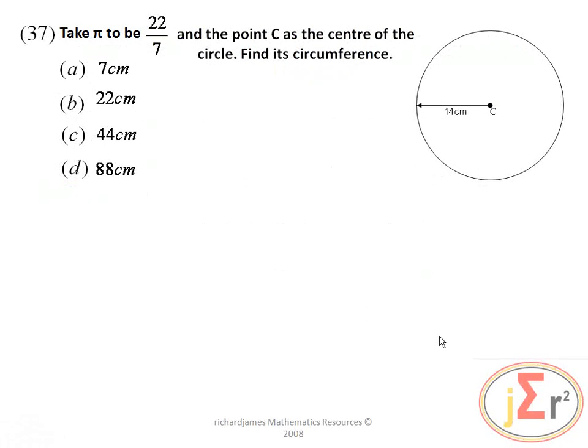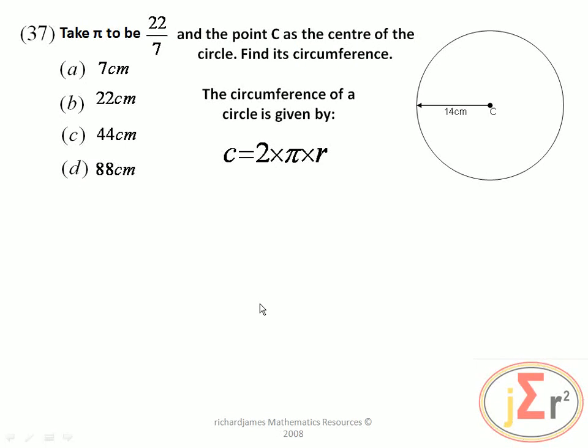Take pi to be 22 over 7 and the point C as the center of the circle. Find its circumference. The circumference of a circle is given by C is equal to 2 multiplied by pi multiplied by r.